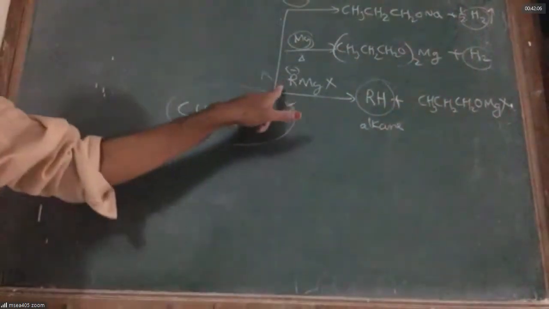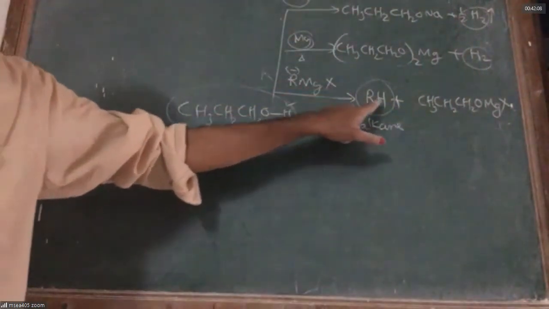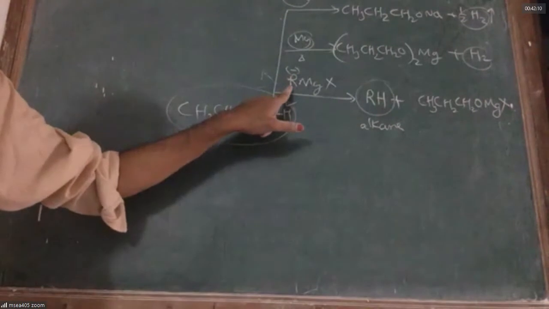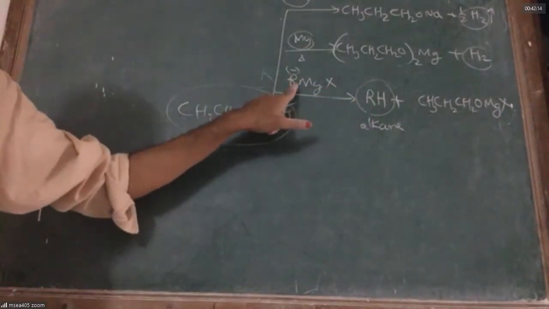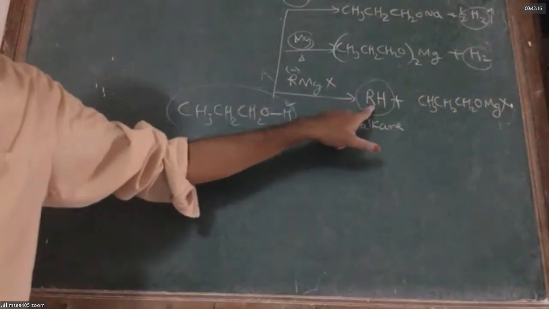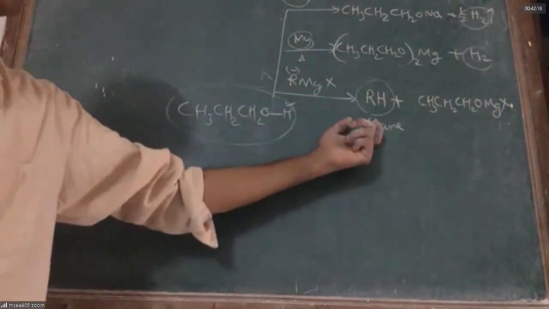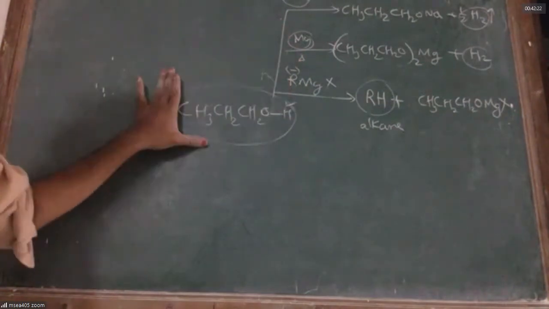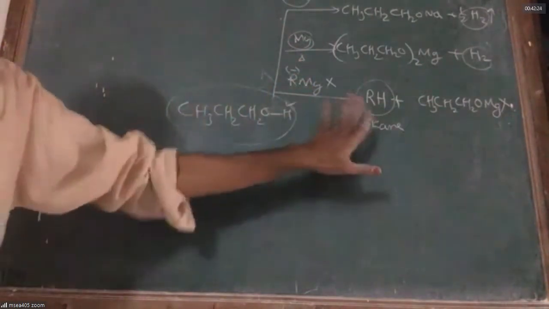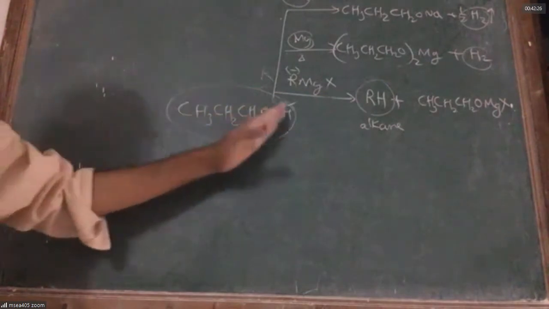If I take methyl magnesium bromide, I get methane. If I take ethyl magnesium chloride, I get ethane. If I take butyl magnesium iodide, I get butane. The alkane has as many carbons as there are in the Grignard. The alcohol has nothing to do with the alkane. Alcohol is giving only H plus. Are we very clear? Yes, sir.